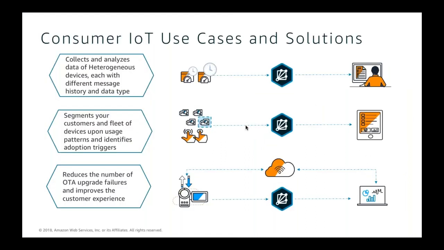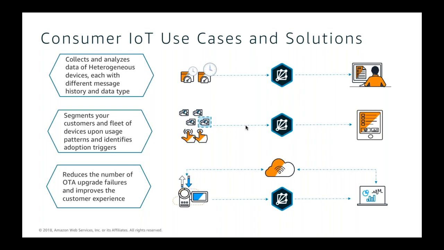Before I move on to the demo, just a few quick slides on the use cases. These are some of the common use cases we're seeing, but there can be many more use cases for analyzing this data.